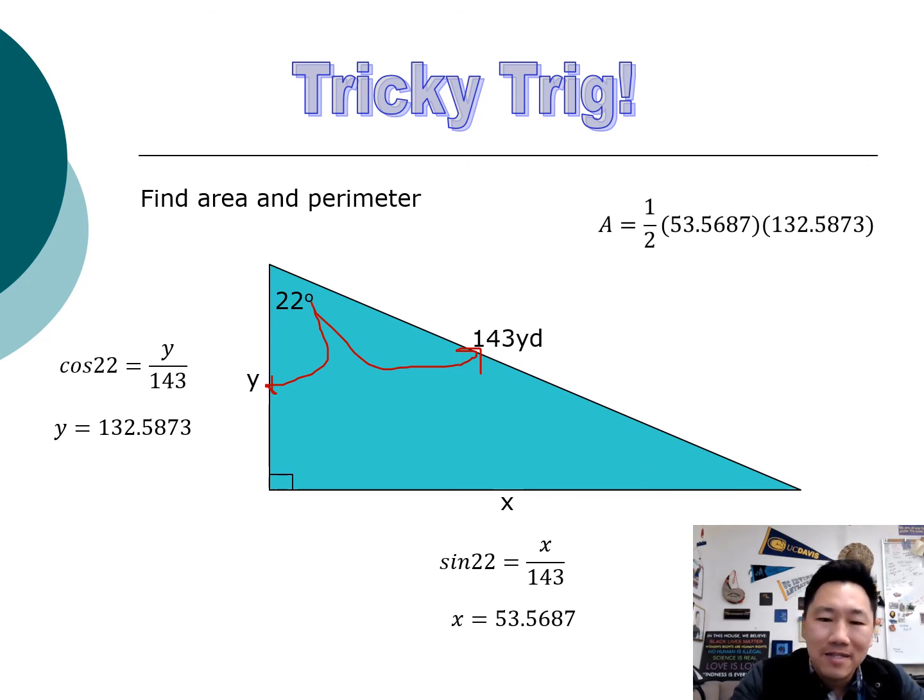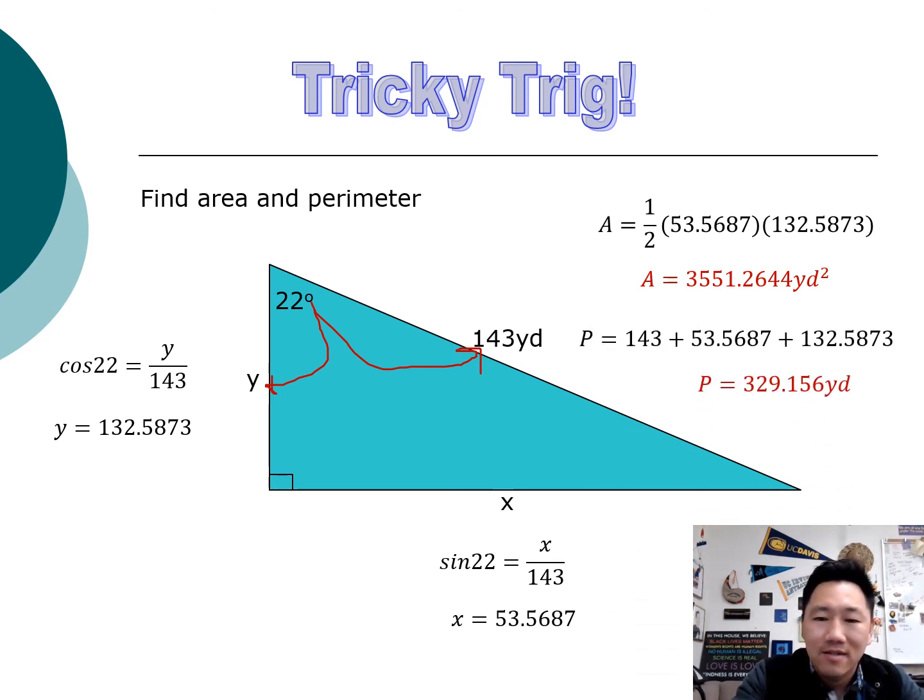Area is 1/2 base times height. There it is. Perimeter, add them all the way around. There it is. You have to remember trigonometry. It wasn't going to be 6th grade area problems. It's going to be geometry area problems, which is way more fun because you get to use more knowledge. But there it is. Go ahead, try your homework.